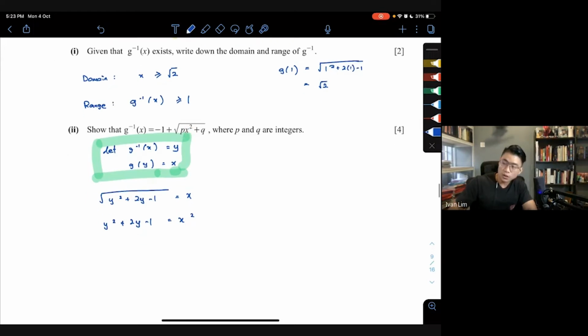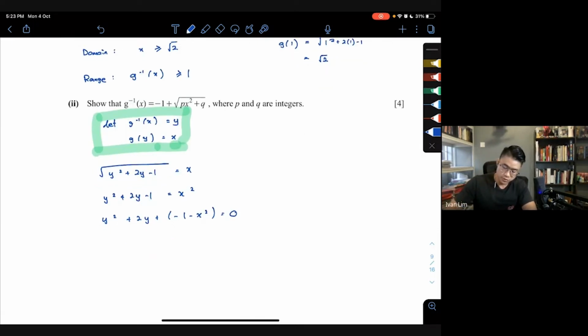So what you can actually do is make it ax squared plus bx plus c, minus 1 minus x squared. You write it like that. Treat the x squared as part of the c term also. Remember, the term that we want to solve right now is y, not x.